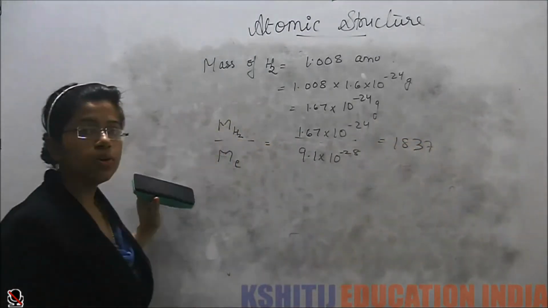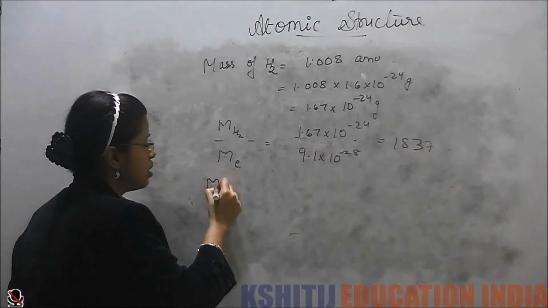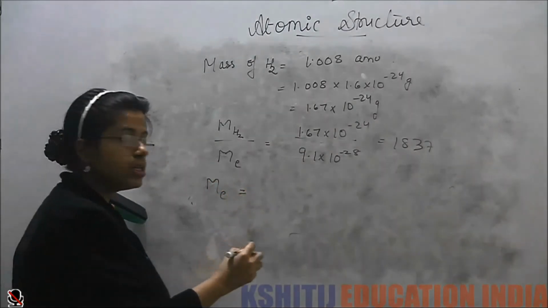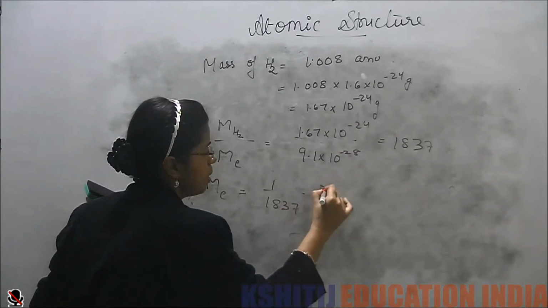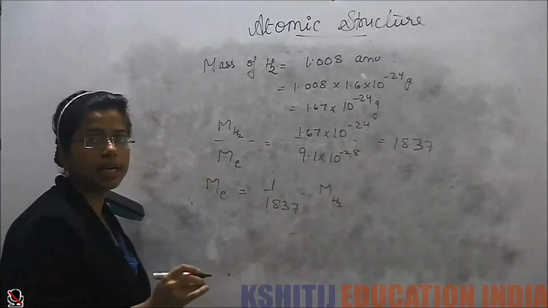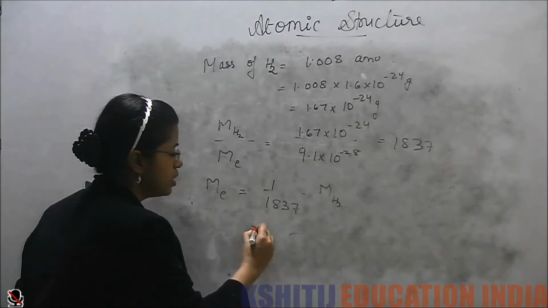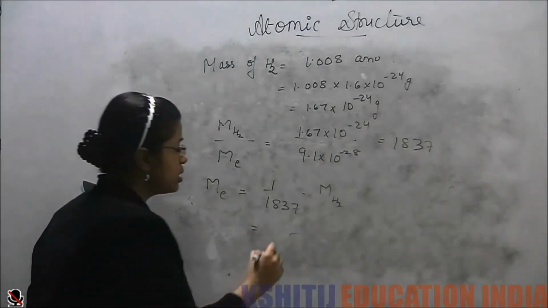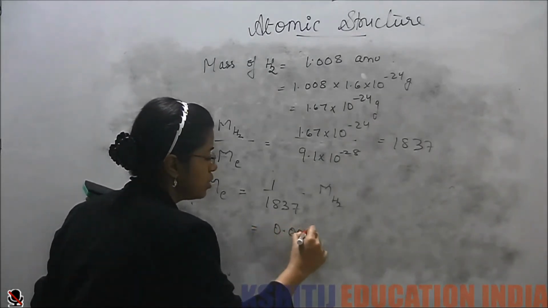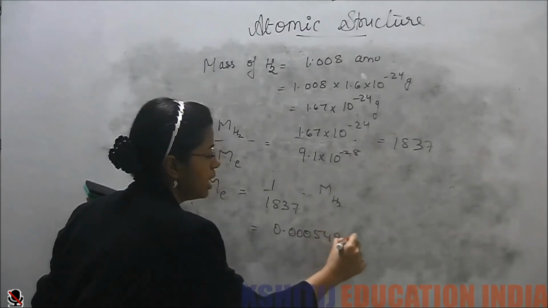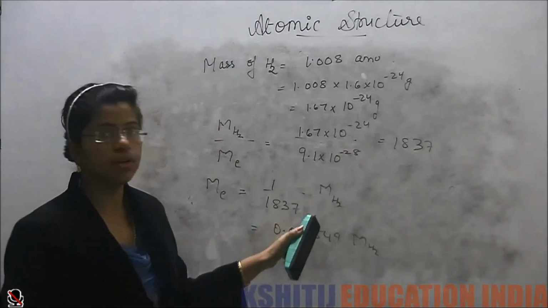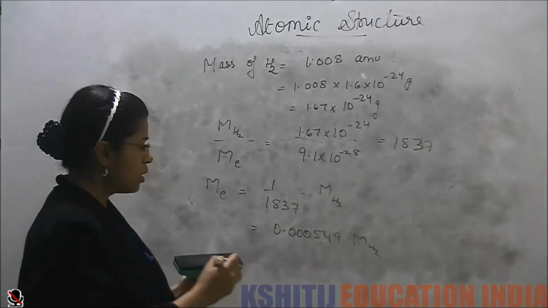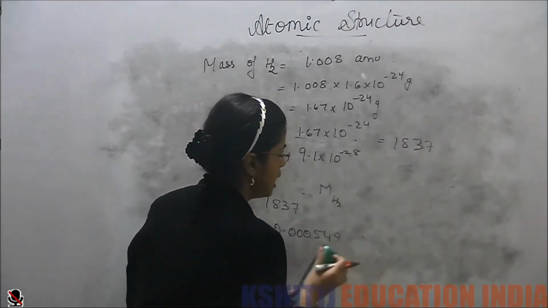That is why I told you that the mass of the electron is equal to 1 upon 1837 times the mass of the hydrogen atom. Or in other words, you can say it is equal to 0.000549 times the mass of the hydrogen atom. This much AMU you can say.